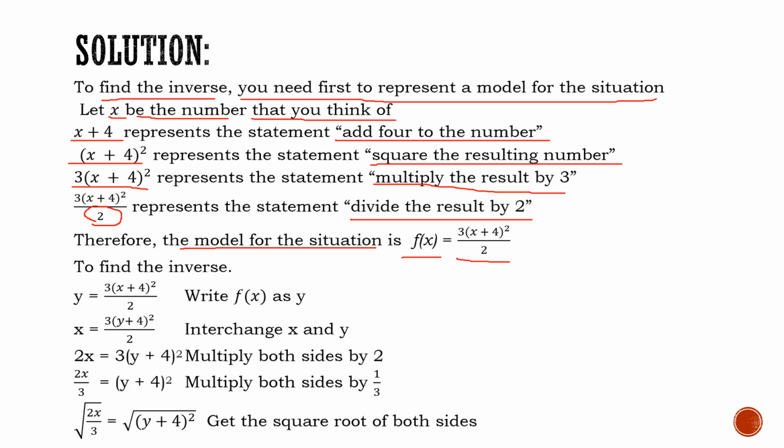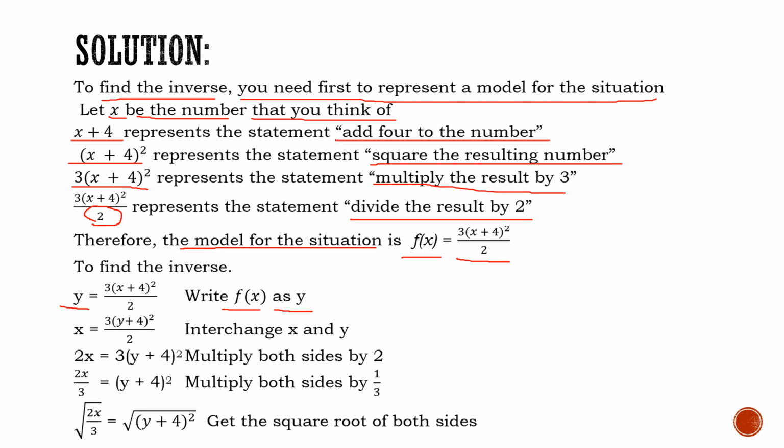Now, applying the steps in finding the inverse of a function, we need to rewrite the given function by replacing f of x with y. That's why we can rewrite this as y equal to 3 multiplied by x plus 4 squared over 2.